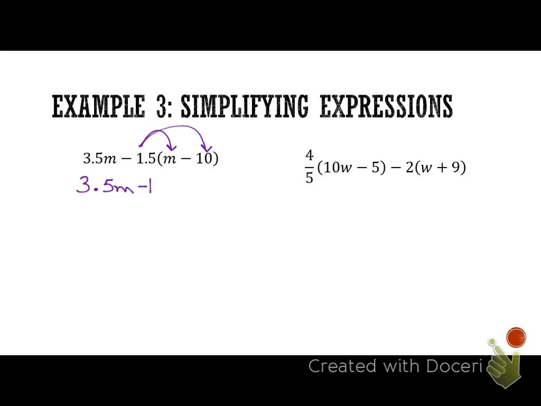So negative 1.5m. Anybody know what negative 1.5 times negative 10 would be? Okay, so 1 times 10 is just 10, and then half of 10 is 5. So 10 plus 5 is 15. Positive 15 or negative?